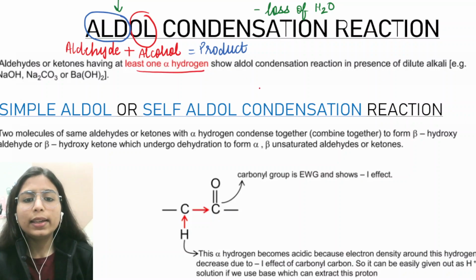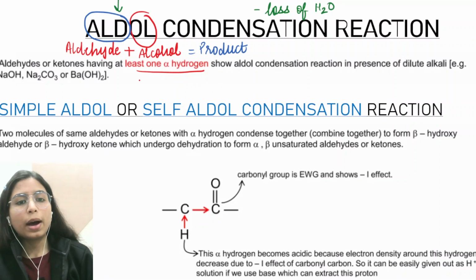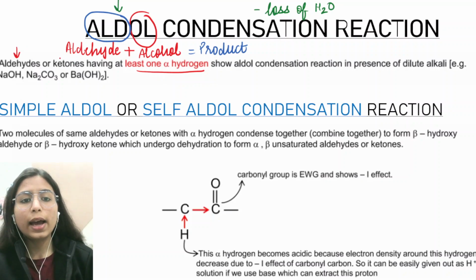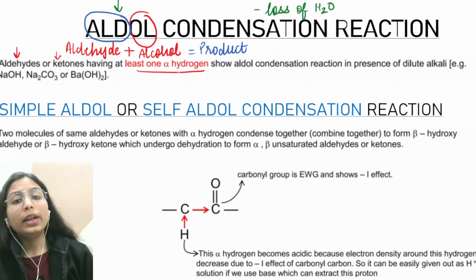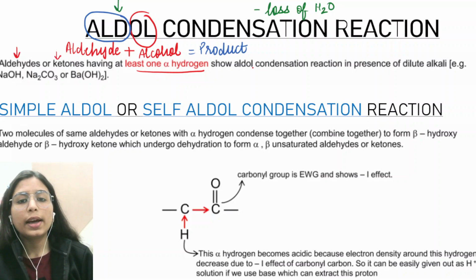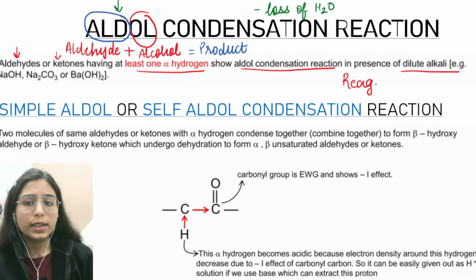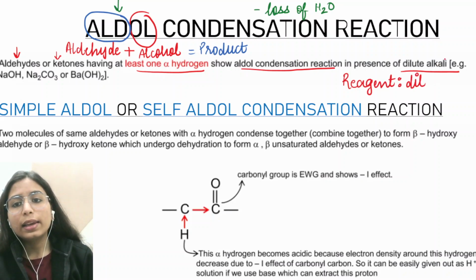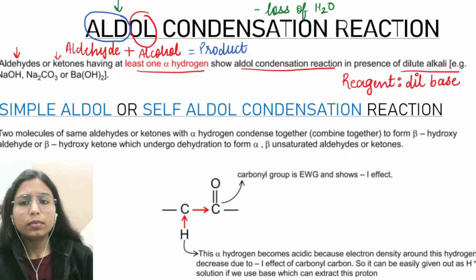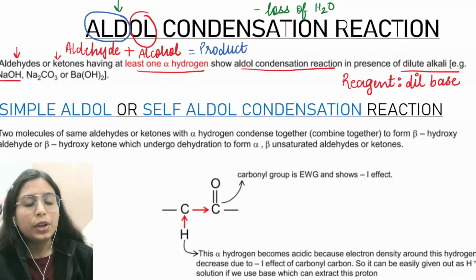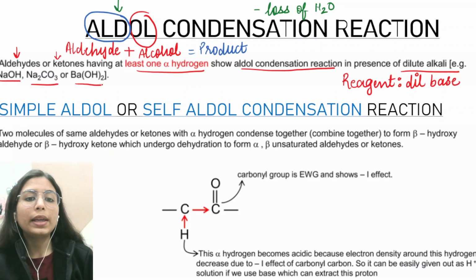Only those carbonyl compounds, aldehydes or ketones, that have at least one alpha hydrogen are able to show the aldol condensation reaction in the presence of a base. That base is a dilute base, like dilute NaOH, Na2CO3 or barium hydroxide. So these are the bases.